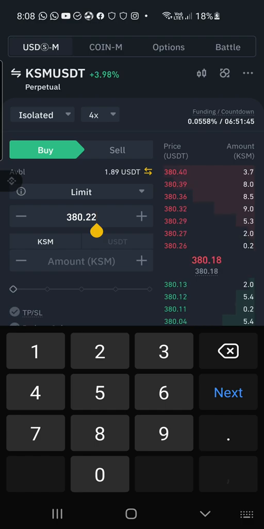If I put $100 and it goes up in a way that I would win $10, then I will multiply my winnings by 4. So I would not win just $10, I would win $40. But in the same way, if I put $100 and it loses 10% of its value, I'm not going to lose only $10, I'm going to lose $40.